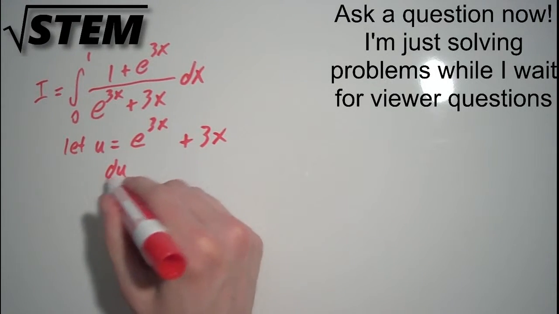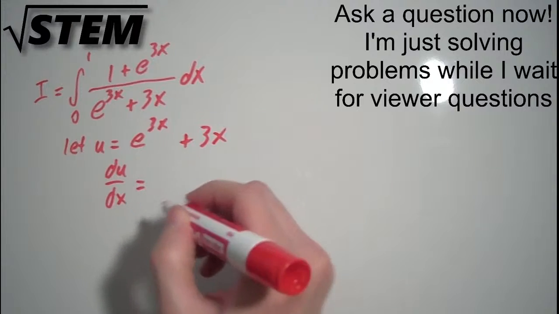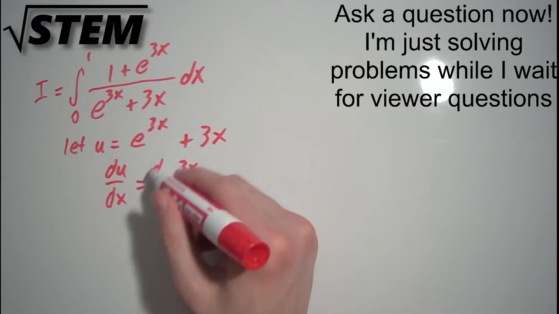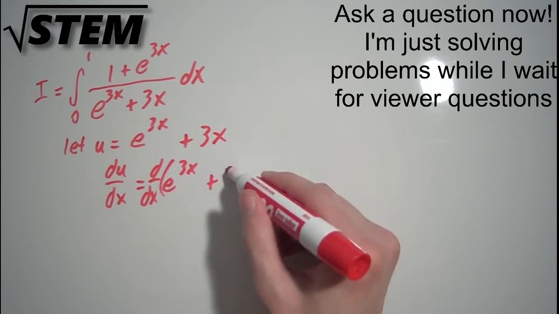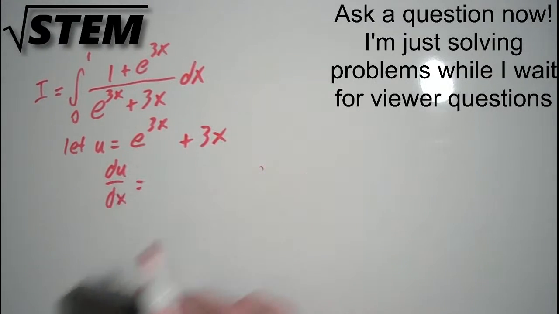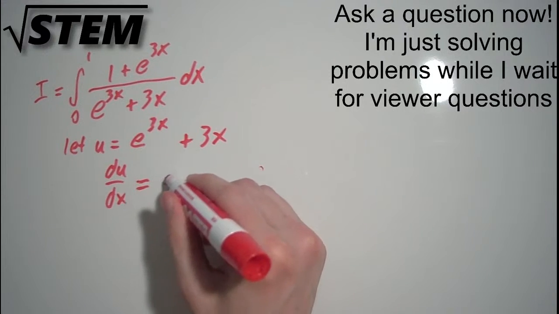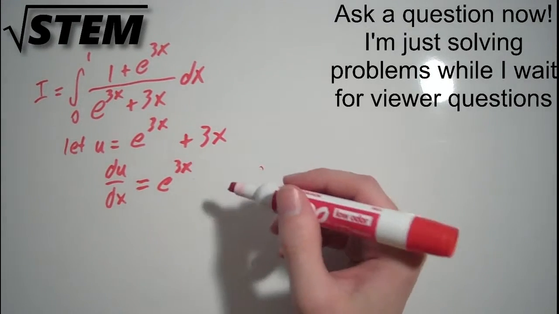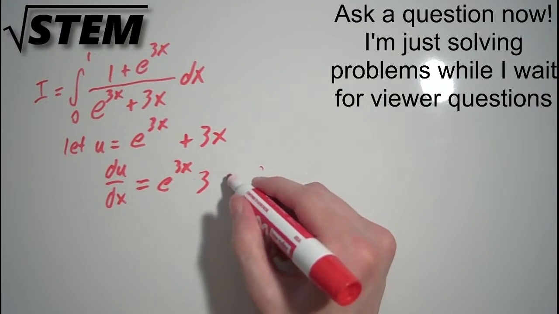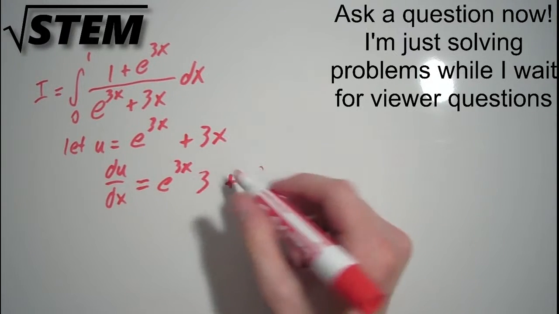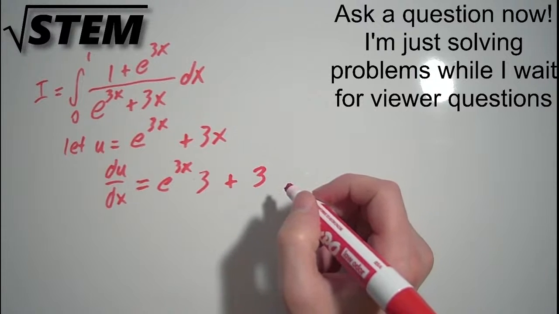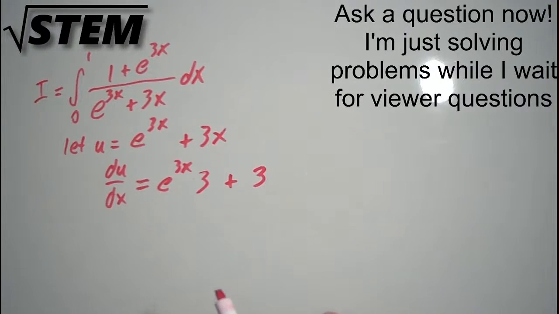Then du dx is the derivative of the right hand side, which is e to the 3x times the derivative of 3x, which is 3, plus the derivative of 3x, which is 3. Okay, yeah, that's what we're supposed to do.